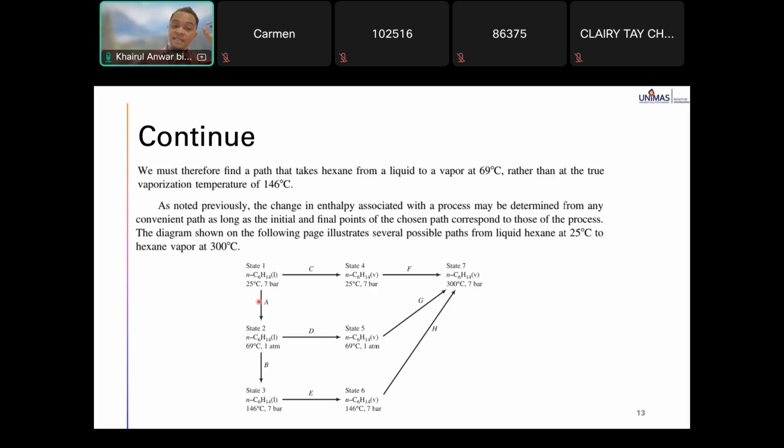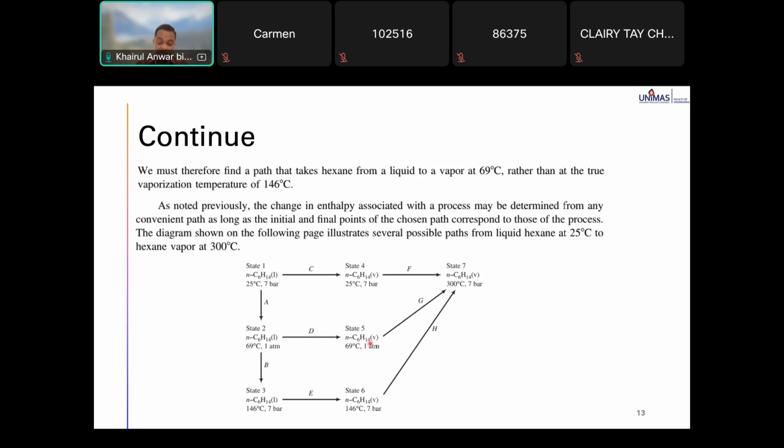You do the integration from 25 to 69. But there is a phase change, so for the phase change, refer to the table for delta HV. So path D refers to delta HV.